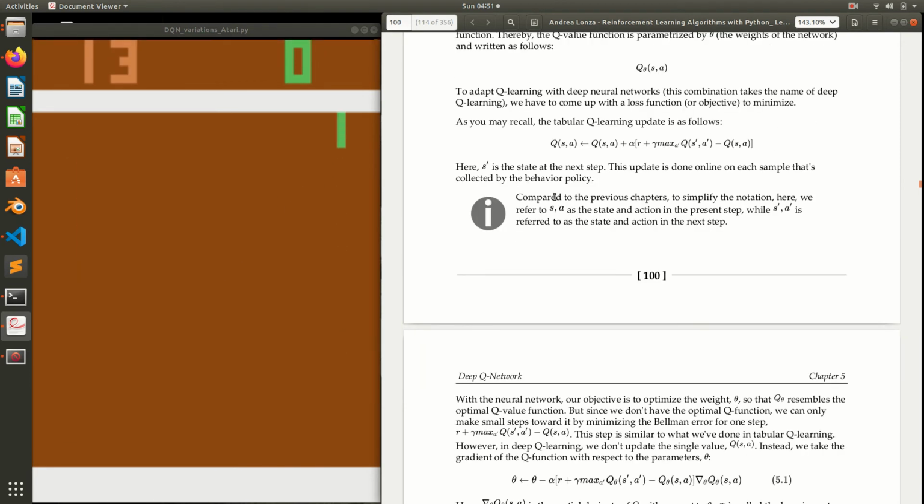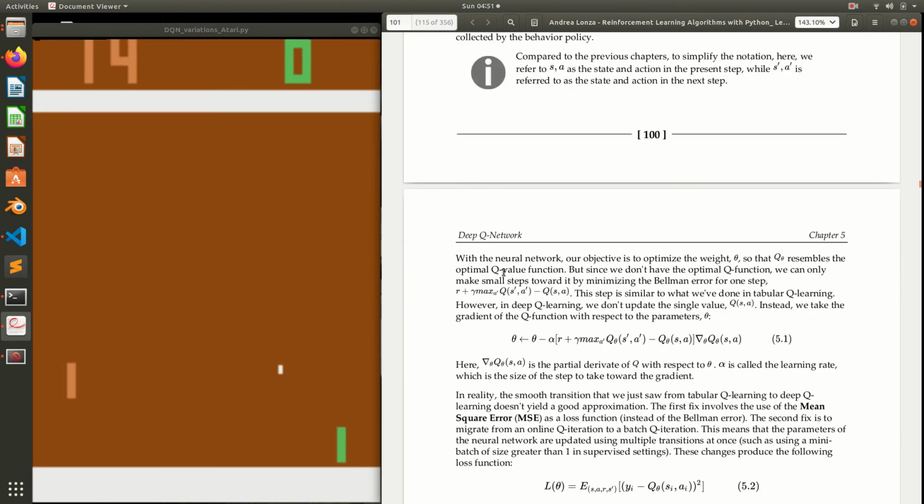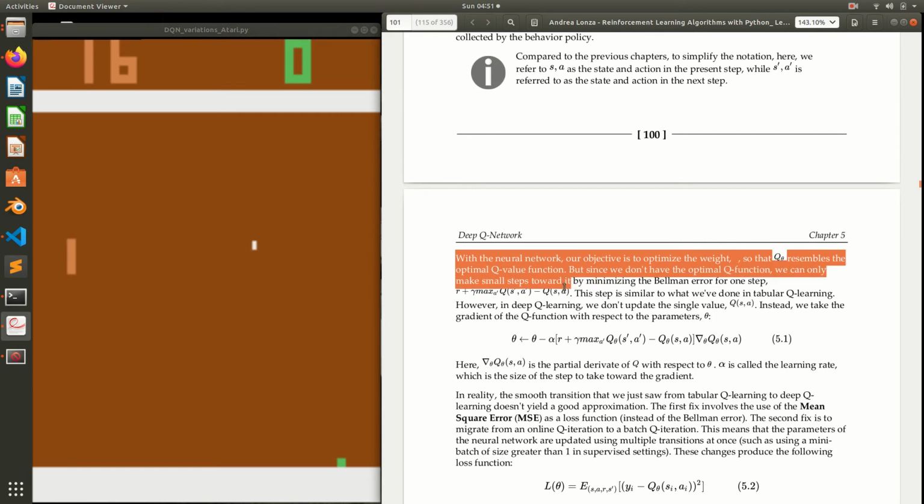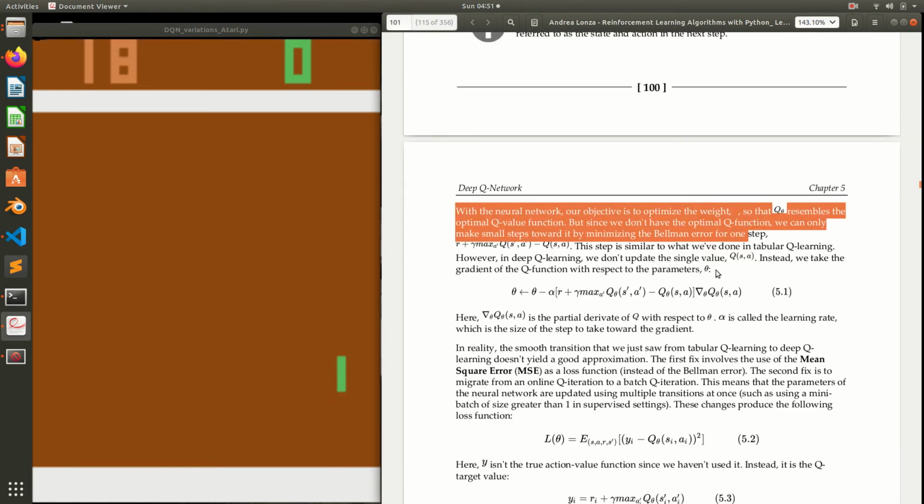So now, taking this into account, we have some update equations for the Deep QN.